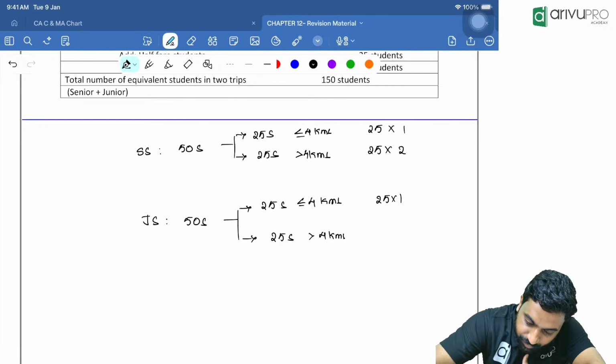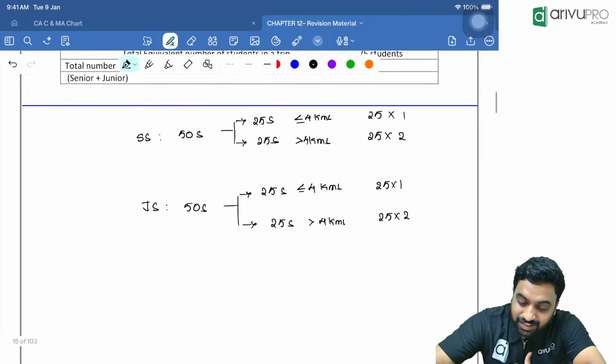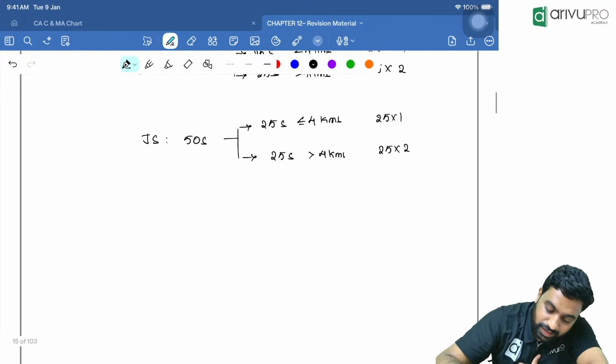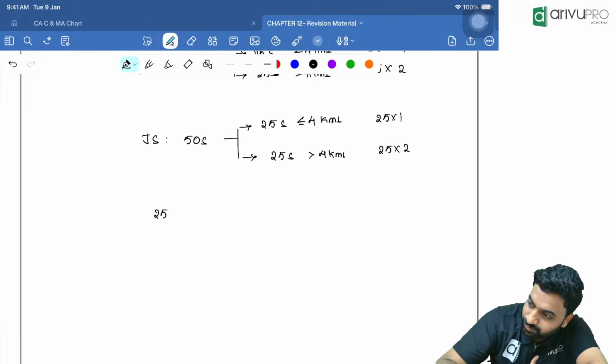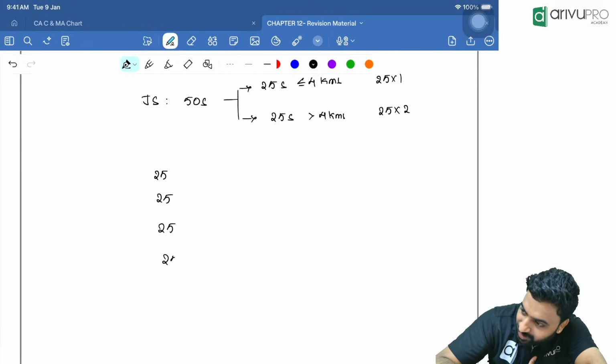Same thing here. And if at all they had given this point also, senior students are charged 1.5 times of junior students. Then again you should find out which is a base. One base you should select. Below 4 kilometers, who? Junior or senior? Junior. Then it will look like this. For seniors, 25, 25. Juniors, 25, 25.